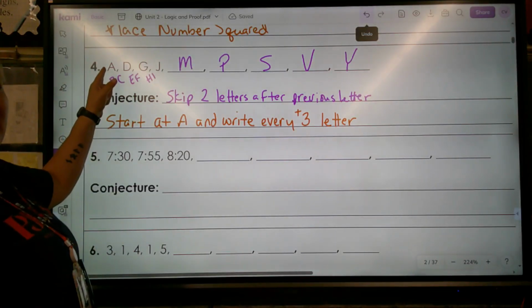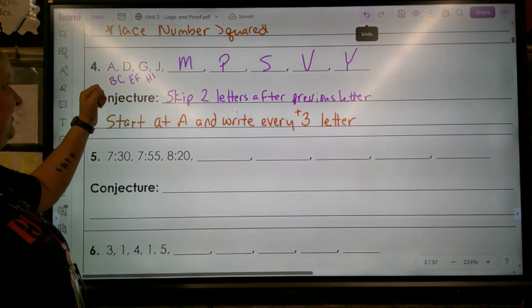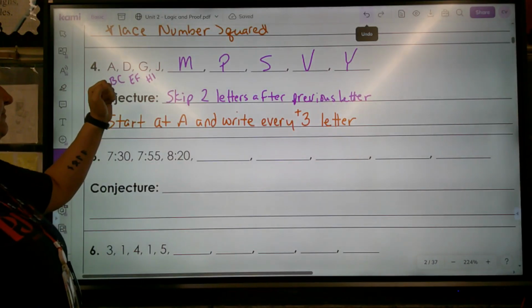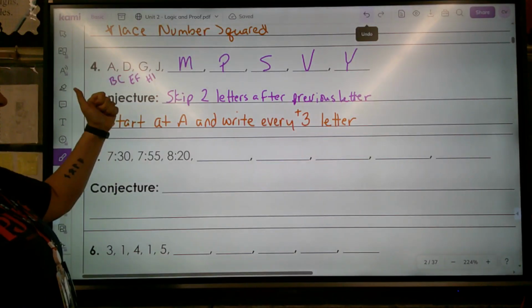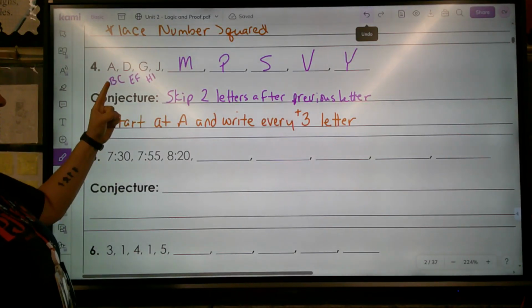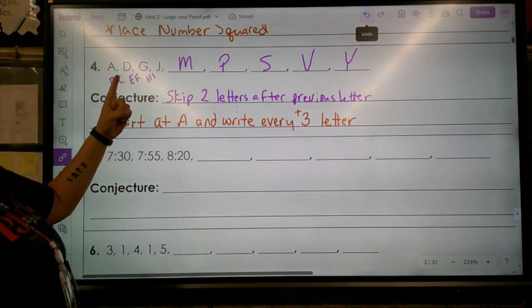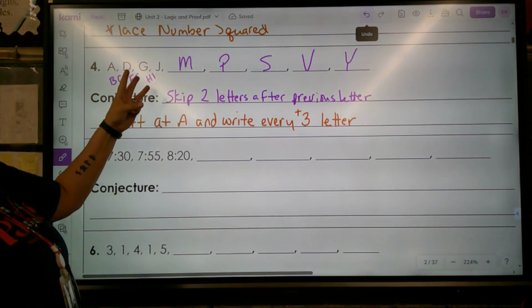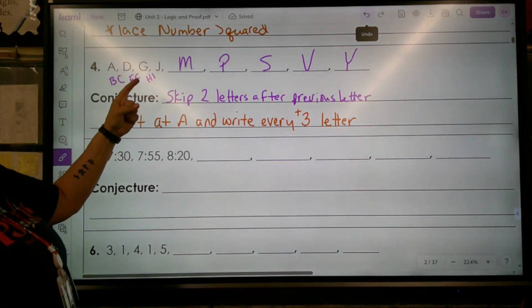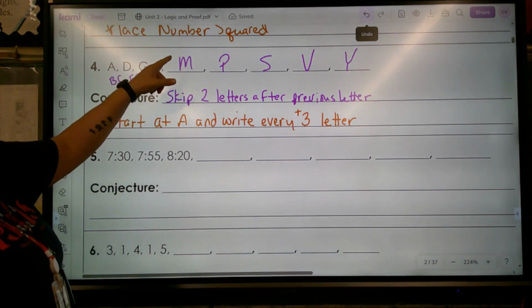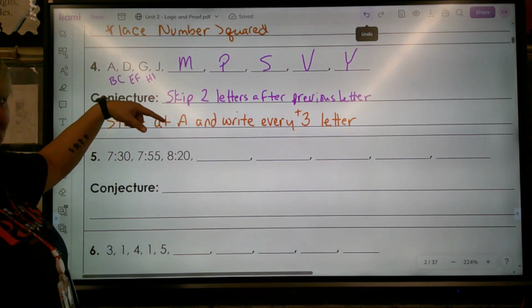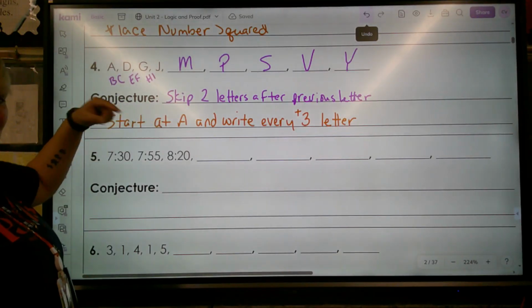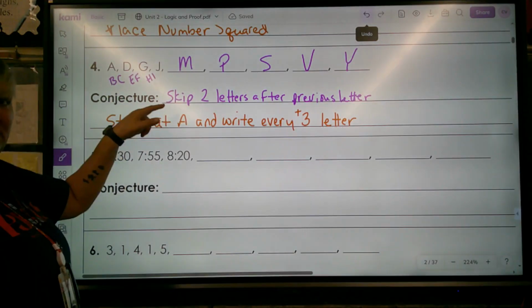All right, so if I start at A and I write every 3rd letter, A, B, C, D, E, F, G, H, I, J, K, L, M, N, O, P, Q, R, S, T, U, V, W, X, Y. Same letters. It just comes down to how you explain it. Whatever works for you, right?